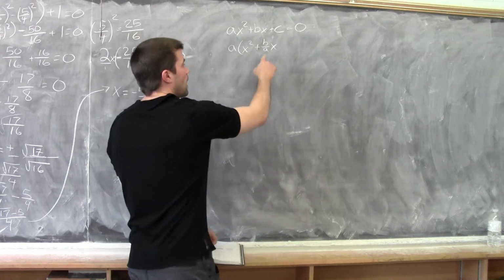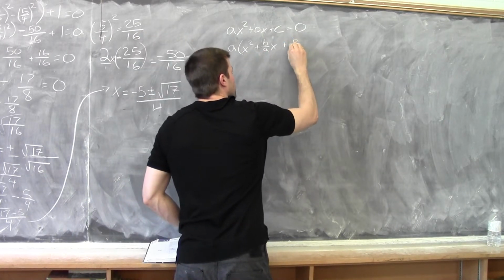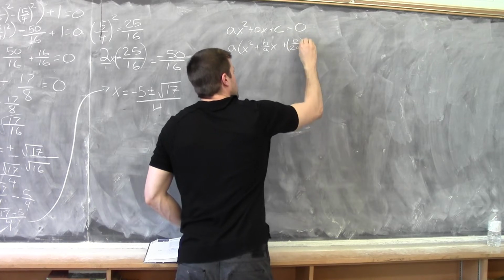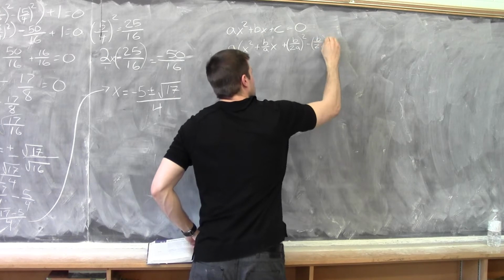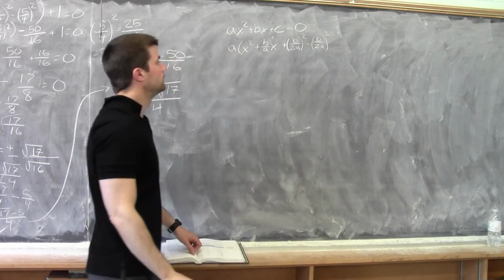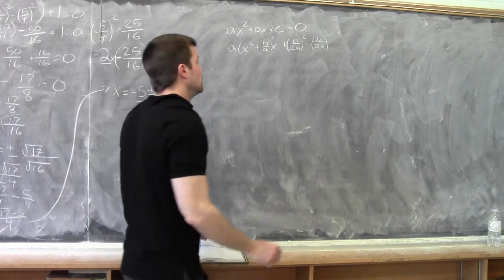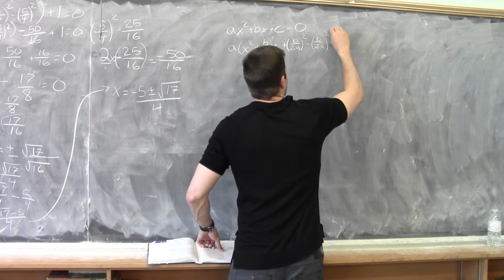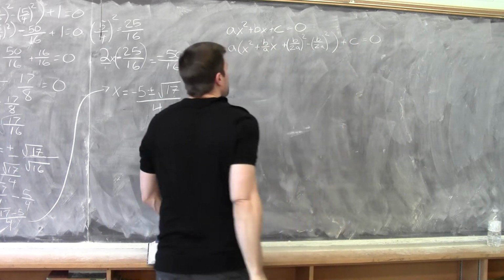Now I'm going to add half of this value squared, so plus b over 2a squared minus b over 2a squared. Okay? It's the same steps. Close my brackets, plus c, it's all equal to 0.